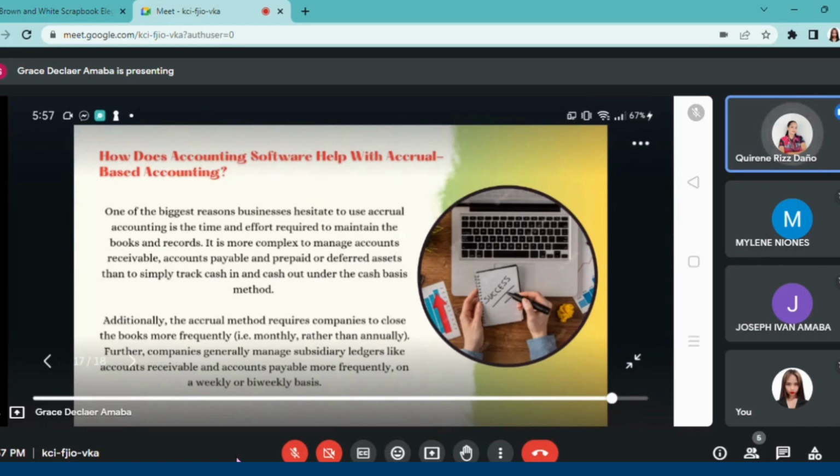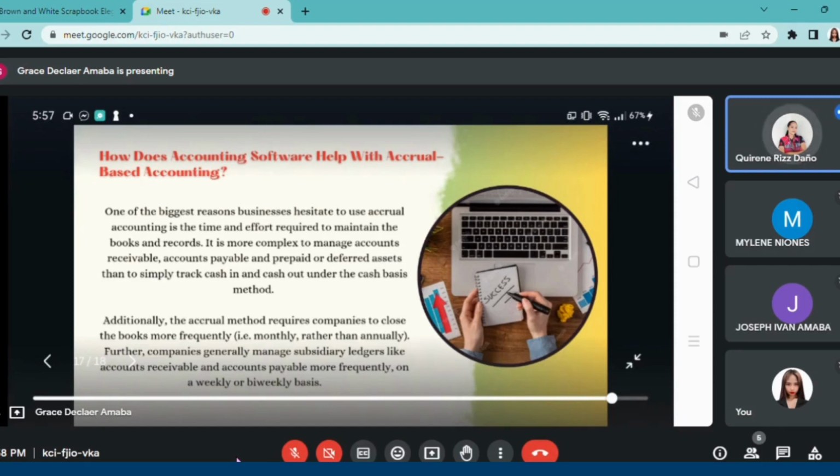Additionally, the accrual method requires a company to close the books monthly rather than annually. Further, companies generally manage subsidiary ledgers like accounts receivable and accounts payable more frequently, on a weekly or biweekly basis.